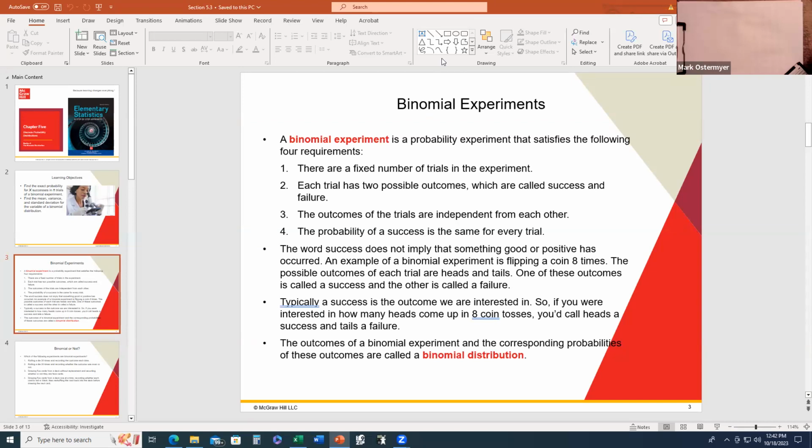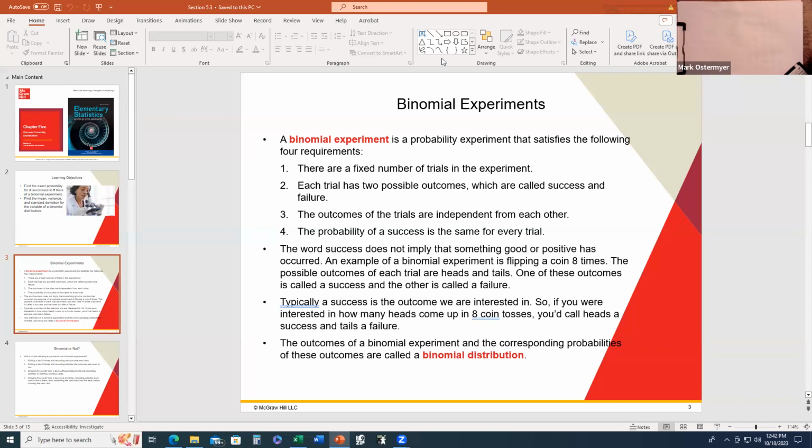And what card I draw on the first trial, because I'm keeping it out of the deck, affects the probability of what card I would draw on the second trial. Now, if I drew a card from a deck and put it back into the deck and reshuffled the deck and then pulled out another card out of the deck, then those two trials would be independent of one another, because that's an experiment with replacement.